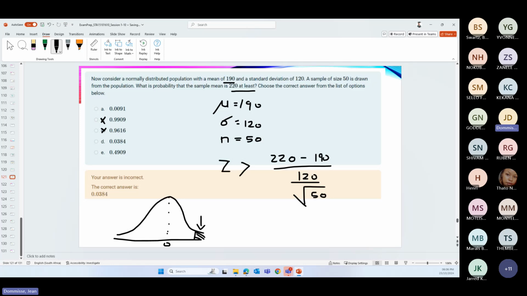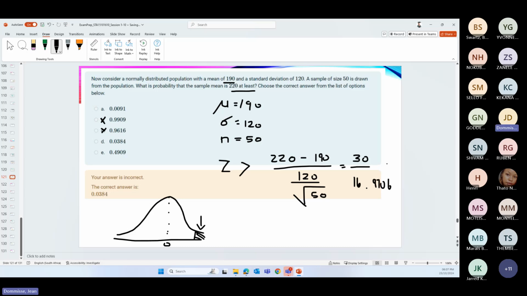Chances that that small area is 0.4909, probably not, but okay, at least we've eliminated 2. So let's see what this answer will be. So 220 minus 190, that gives us at the top 30, and then at the bottom 120 divided by the square root of 50, that is 16.9706.